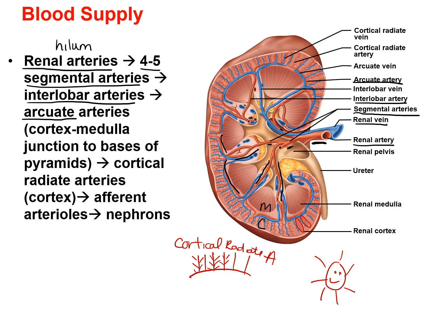So each and every one of these little branches is going to be an afferent arteriole. So off of one cortical radiate artery, you have multiple afferent arterioles. And this is really important because it's going to be your afferent arterioles that are going to be delivering blood to the functional unit of your kidney, the nephrons.